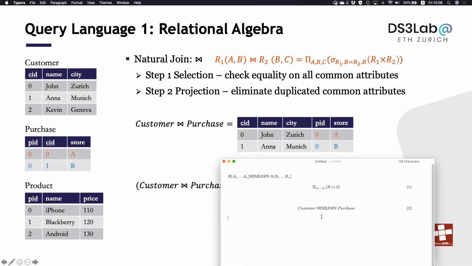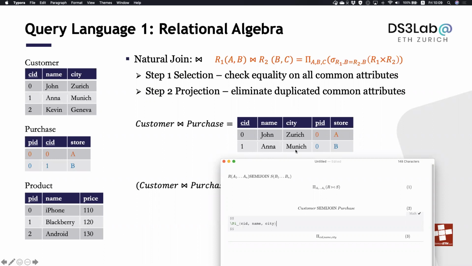And then when I do the projection, I only project the result to the attributes of customer, which are CID, name, and city. The consequence of this is I only keep these three columns.